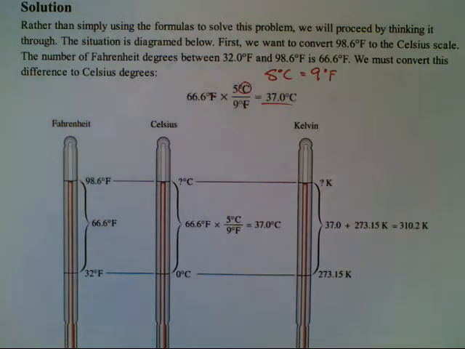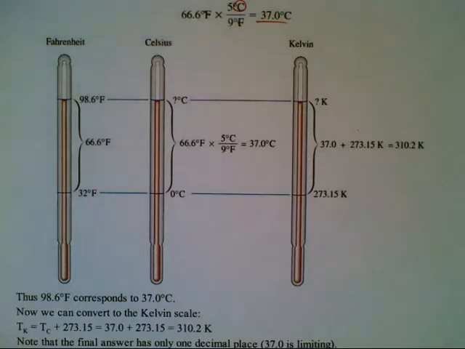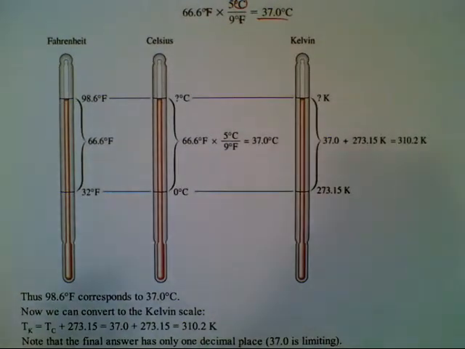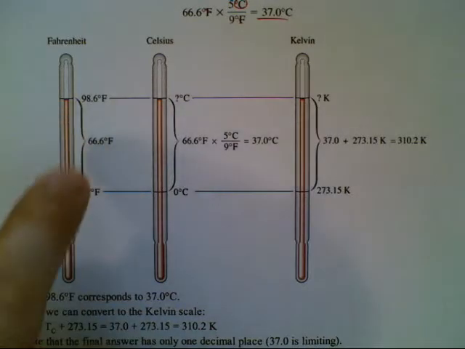But let's look at this diagram. Let's try to understand this conceptually here. Again, this picture is from your text, so I'm not pulling any punches here. We have Fahrenheit, Celsius, Kelvin. This normal temperature here is 98.6 degrees Fahrenheit.